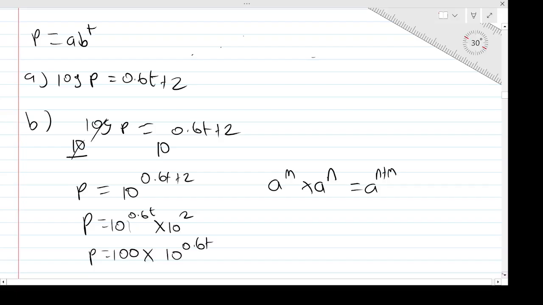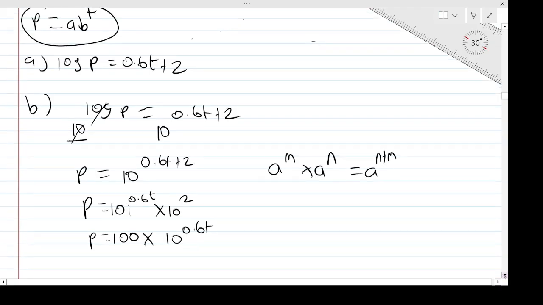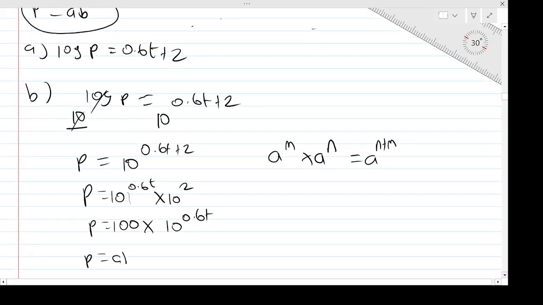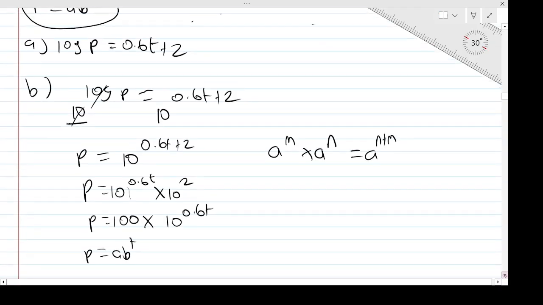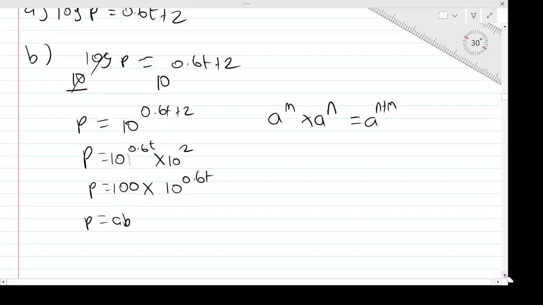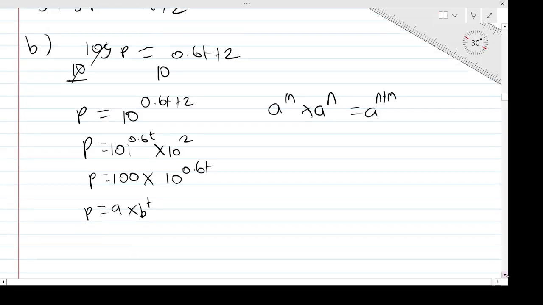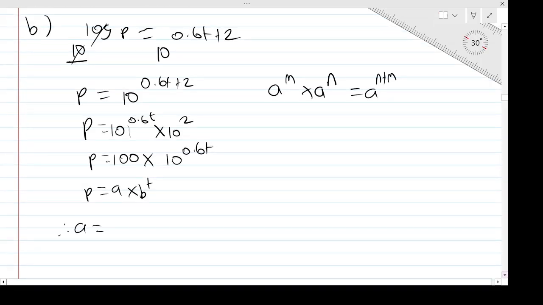And now hopefully spot this is exactly in this form here. So if I were to compare it with p is ab to the t, or alternatively a times b to the t, right? Then hopefully you can spot very simply that therefore A has to be 100 and B is 10 to the 0.6.